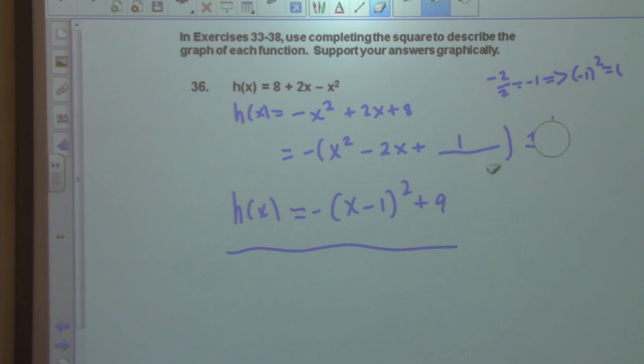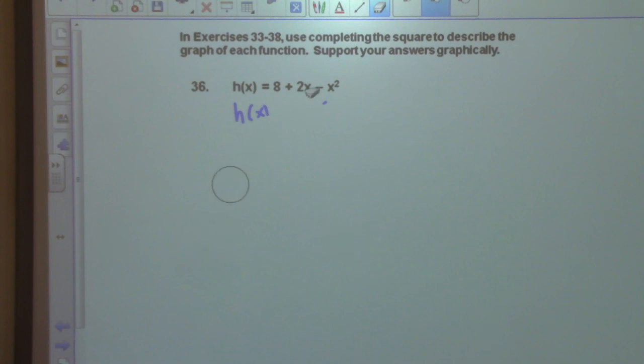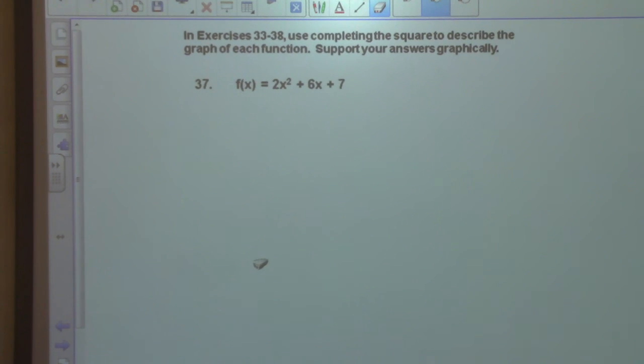Let me erase this. So now we have this one, and this one here you have a little bit different situation because of what? This 2. Put it on the outside of the parentheses. Yeah, I'll do that, and I'll kind of help you through that.